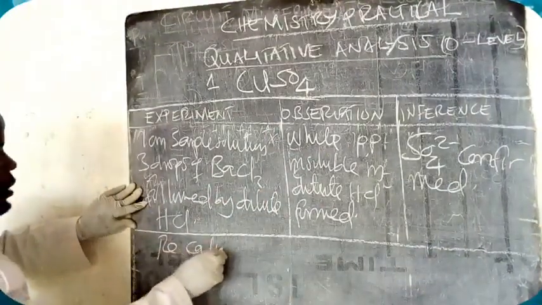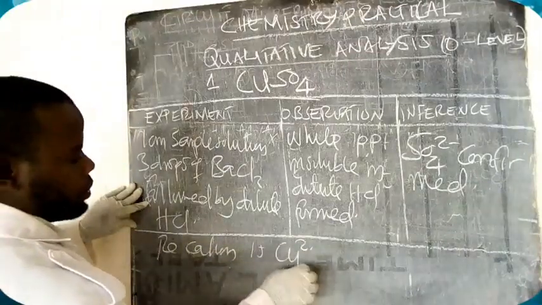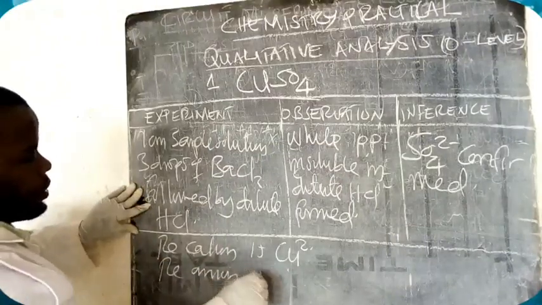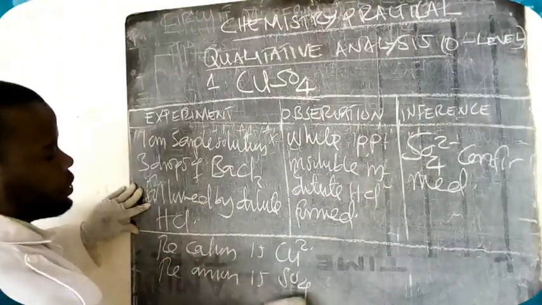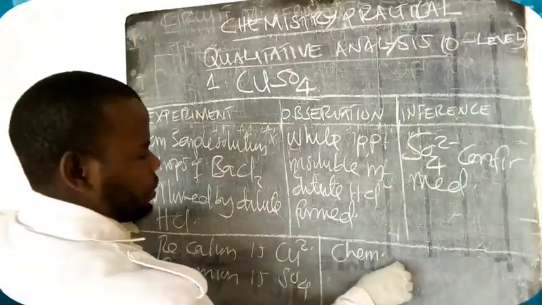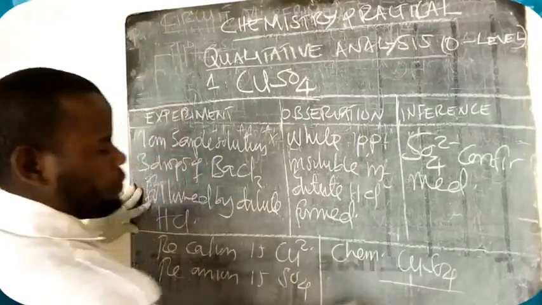At the end of the question, we write the cation is copper 2 ion, and the anion is sulphate. So the chemical formula is copper sulphate, CuSO4.